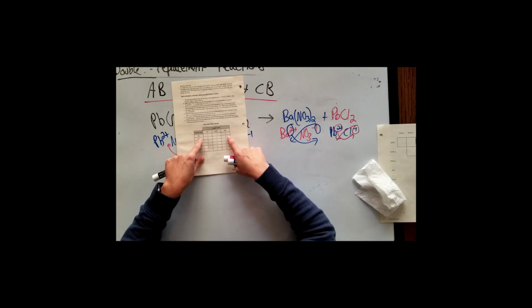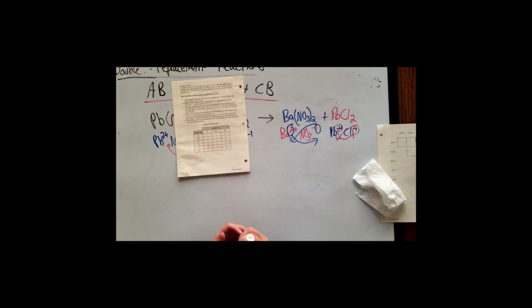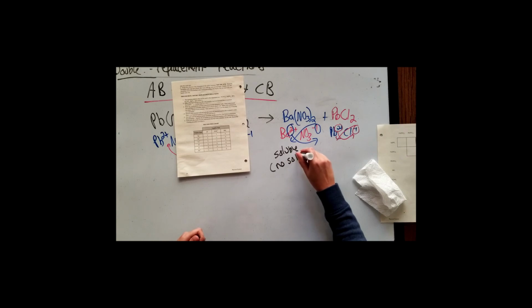So when barium 2+ pairs with NO3-, there's an S. And an S means that it's soluble. So no solid formed here. Okay, so this is not a solid, it's aqueous.